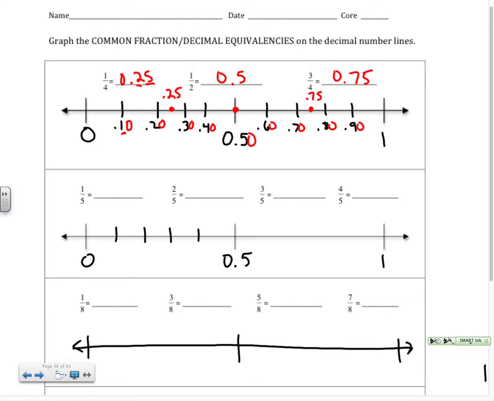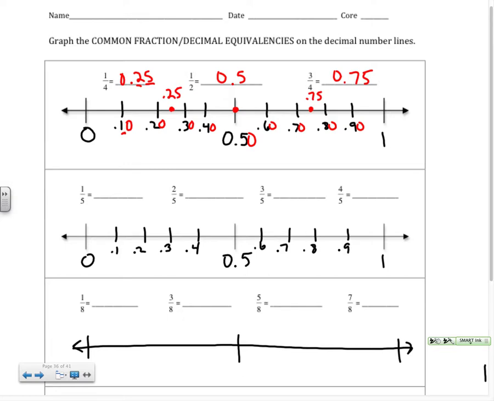That gives us 5 sections. I'll do the same thing on the other side. 1, 2, 3, 4. So there's 10 equal sections between 0 and 1. Those will be our tenths place. So let's go ahead and label those. 1/10, 2/10, 3/10, 4/10. 5 is already labeled, 5/10. 6/10, 7/10, 8/10, 9/10, and 1 whole is 10/10.